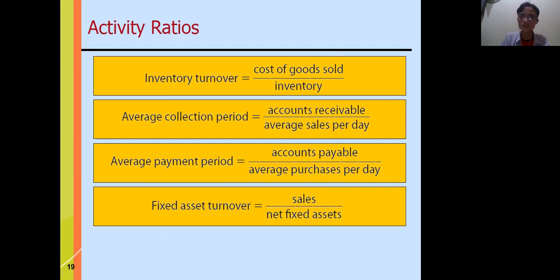For inventory turnover, we partner inventory with cost of goods sold because inventories are about cost. But if this is receivables turnover, the formula would be net credit sales, because credit sales relate to receivables. Remember, we also have cash sales, and such would not be part of the receivables.